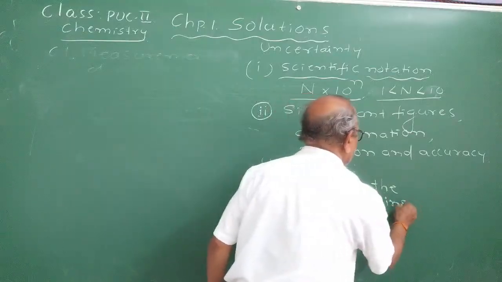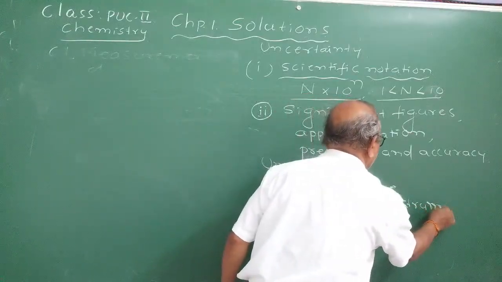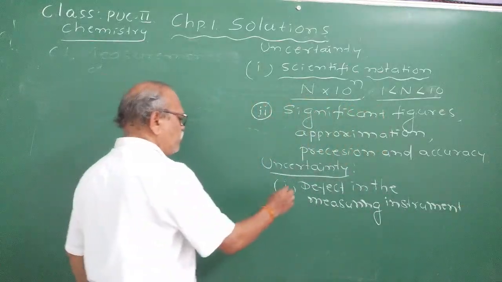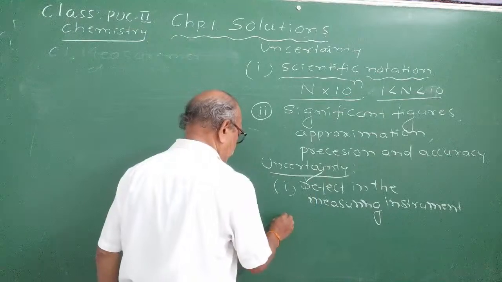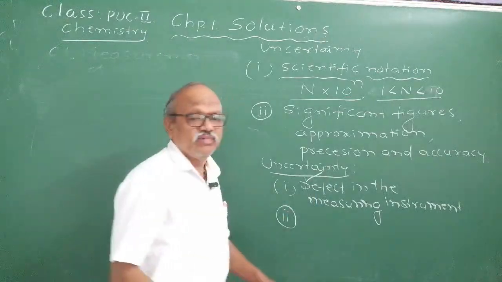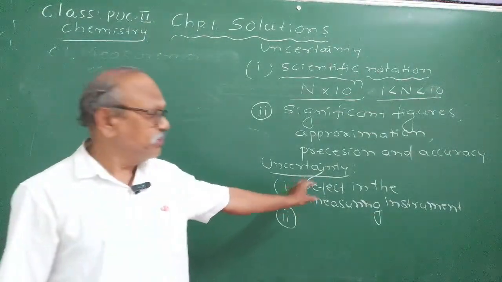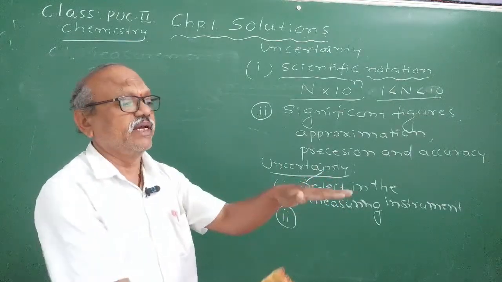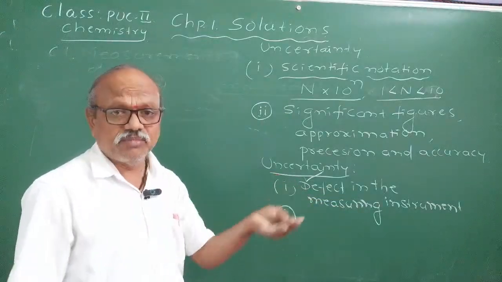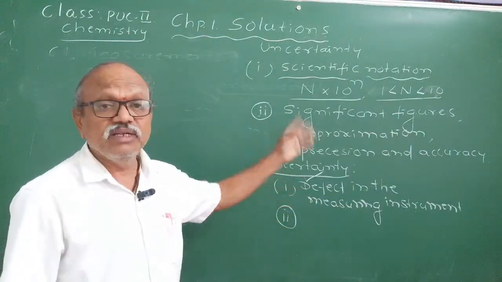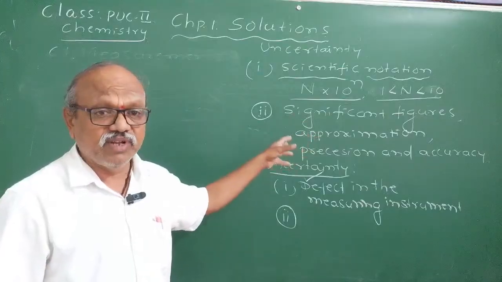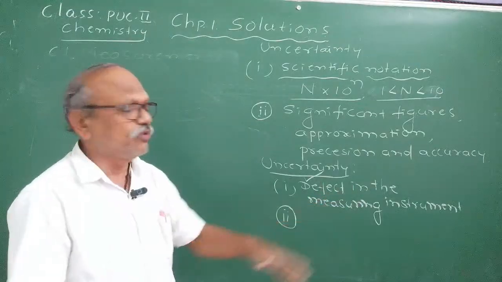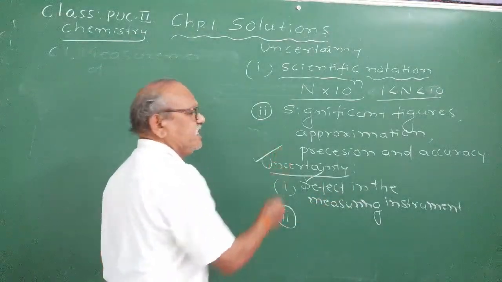Suppose that you are using a burette, a pipette, or even any of the scientific devices. The device may not be perfect, the reading may not be perfect. Suppose that you are using a balance to measure the mass of the substance, and that equipment is not properly set. Because of that, you may have defects in the measuring instrument, which is one reason for uncertainty in the measurement.